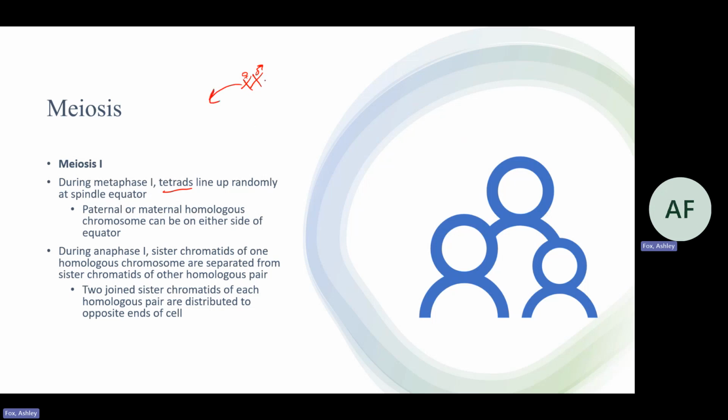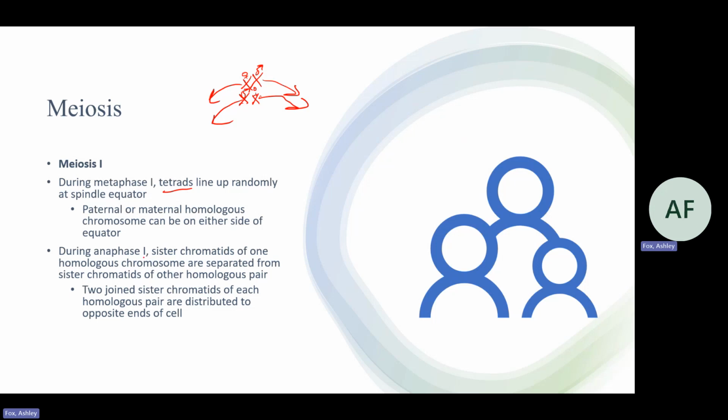So this one's going to go to this side, this one's going to go to this side, but then we can have paternal on this side and maternal on this side, so they can switch places. They can line up randomly. And so that leads to random assortment and more mixing of the genetic material.